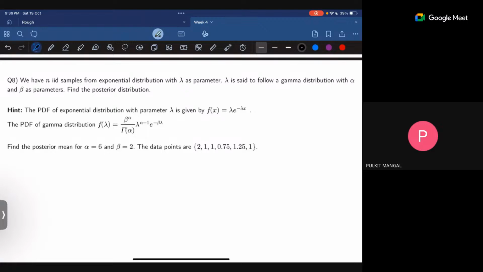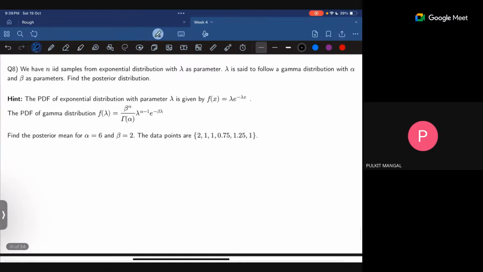So anybody got the answer? What would be the posterior distribution? Okay, so let's start. The posterior is proportional to prior into likelihood.